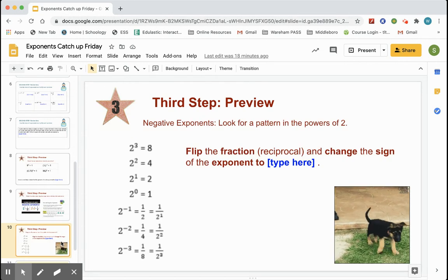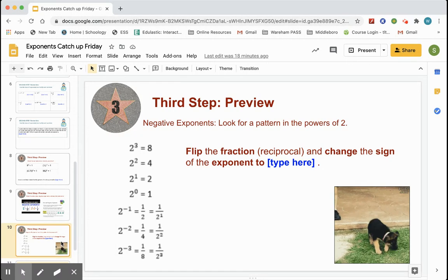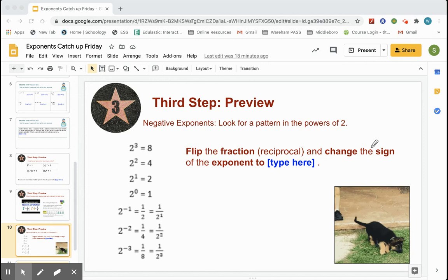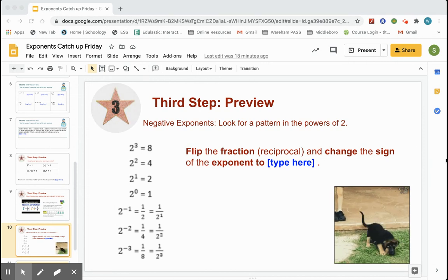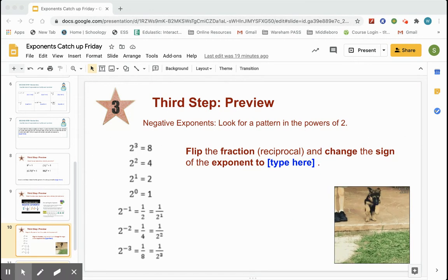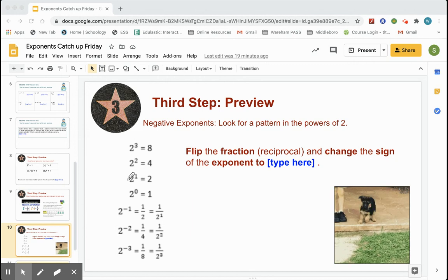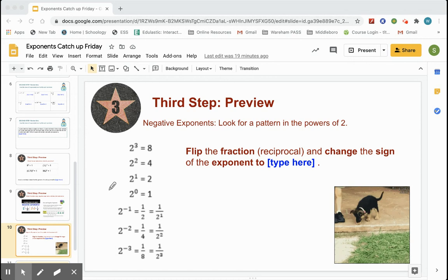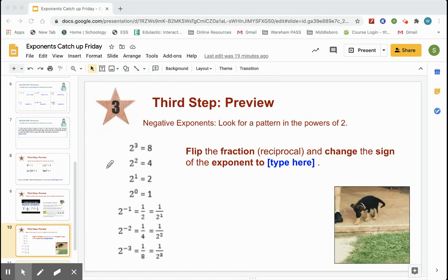So when you have negative exponents, I want you to look for a pattern using the powers of 2. So you can literally see that as we multiply by another power of 2, we are adding another factor of 2 here.